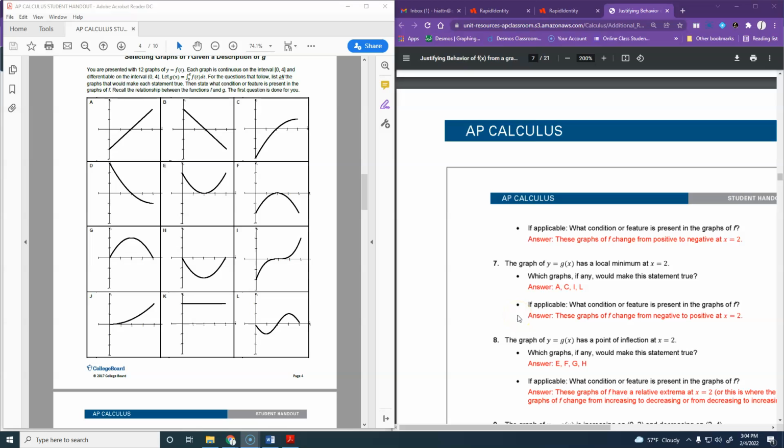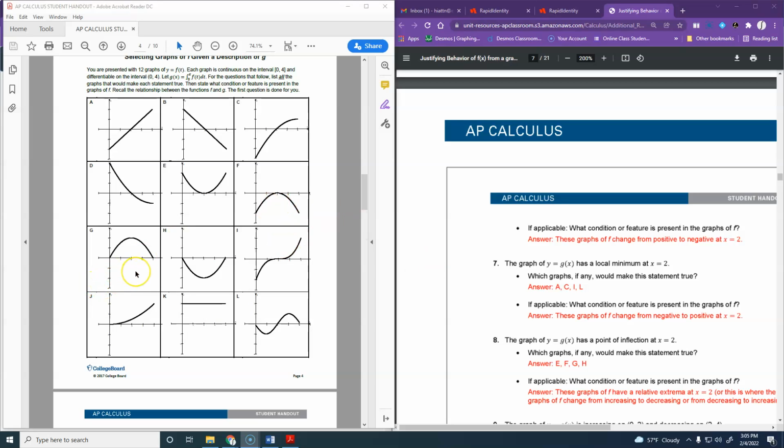Okay, then we want to know which ones are concave up from 0 to 2 and concave down from 2 to 4. Again, it's not asking you about the functions you're looking at. So if we're going from concave up to concave down on g, that's going to be increasing to decreasing on the derivative. All right, so which ones go from increasing to decreasing at 2?